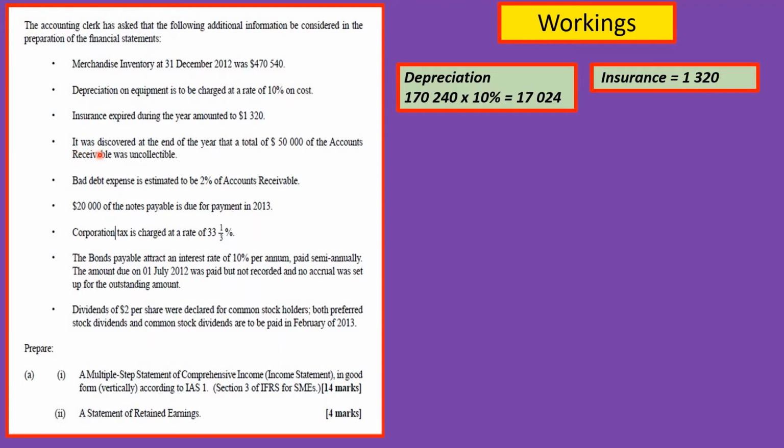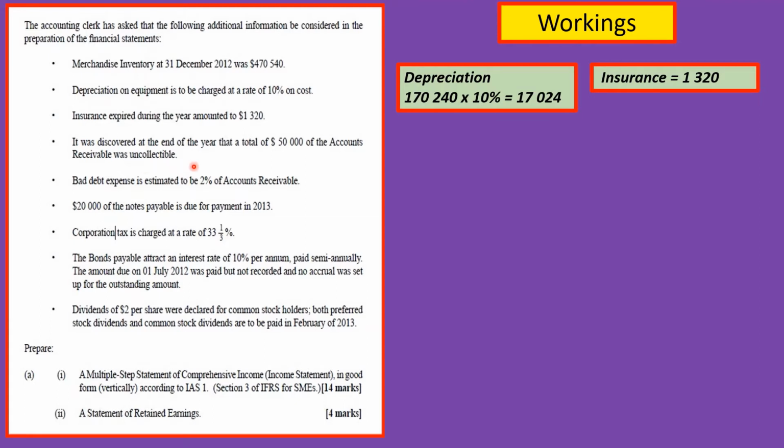It was discovered at the end of the year that a total of 50,000 of the accounts receivable was uncollectible. Uncollectible is the American terminology for bad debt, sometimes used in the international scene as well.